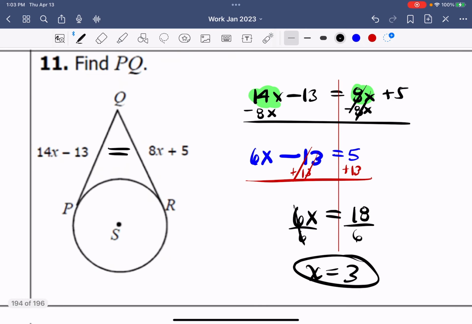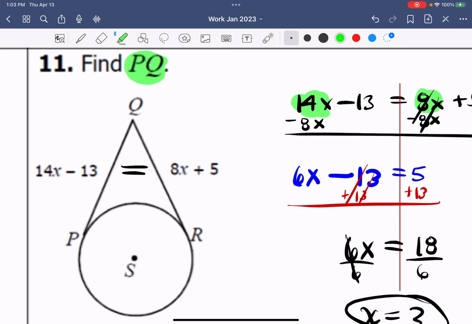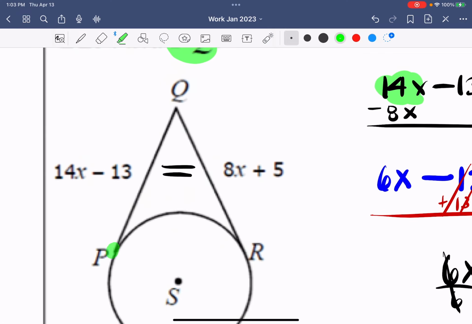Now the question didn't say find x. This question said find PQ. So we need to know how long is PQ. So from P to Q, that means you're gonna take your x and plug it into the equation with the 14. And technically it wouldn't really matter if you messed up and you plugged it into this one, it's okay because they're the same answer. You should be getting the same answer.